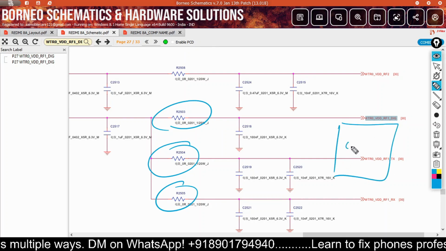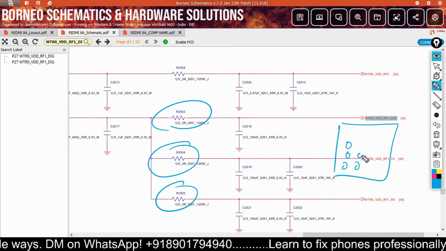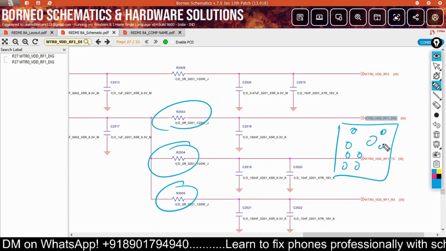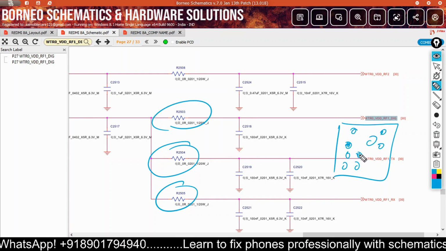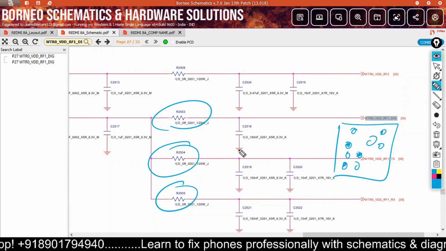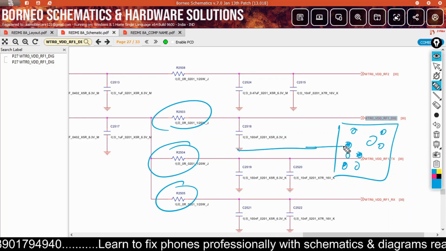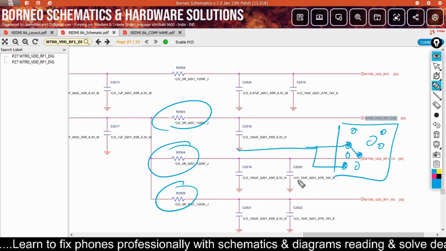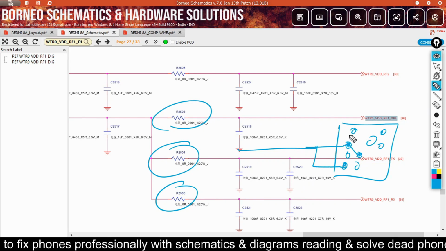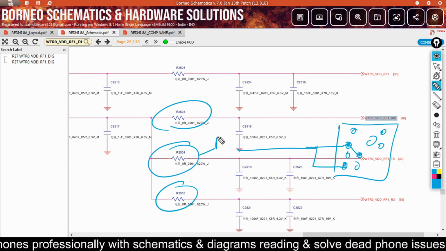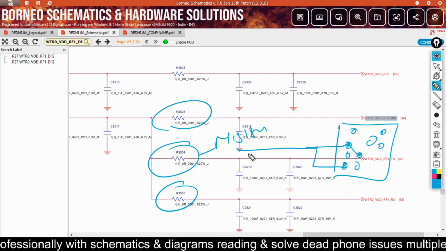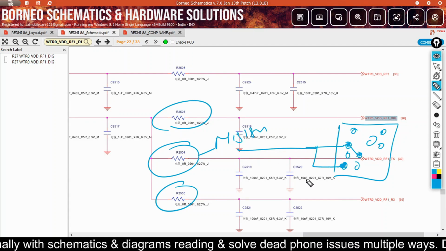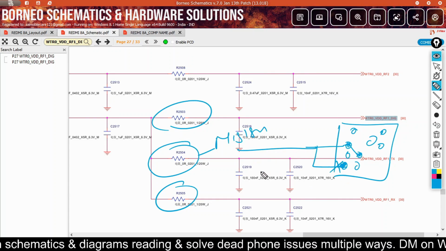this one is the RFIC, and these are the pads, right? So this one and this one and this one. So 1.0 volt is connected here, also connected here, and connected here, like this. By chance, let's say this resistance is missing or open, right? So this line is open here.